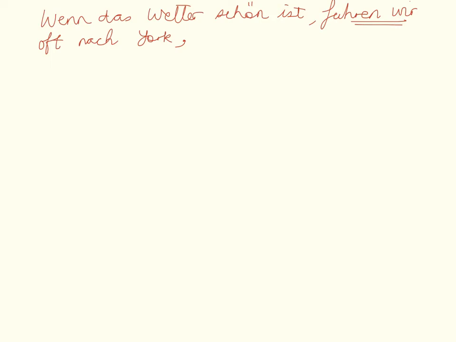Oh, you can visit the Jorvik Viking Centre. Das Jorvik, I think it's a J actually, Jorvik Museum zu, now I could use besuchen, I think I will actually. Besichtigen is quite nice, but besuchen is probably better because I'm actually talking about going into it. So when the weather is nice, we often go to York to visit the Jorvik Museum.